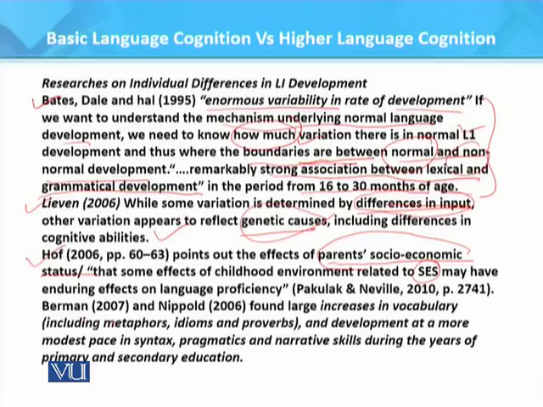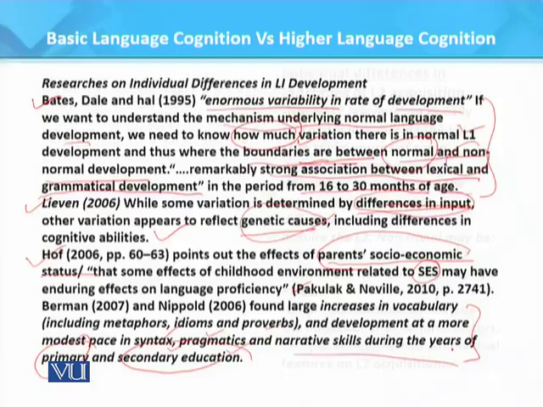The other researchers, Berman, Nippold, Pakulak, and Neville, feel that there is a large increase in vocabulary, including metaphors, idioms, and proverbs, and development at a more modest pace in syntax, which is sentence structure, pragmatic, and narrative skills during the years of primary and secondary education. So the differences on the basis of these can be observed at the primary and secondary education level.